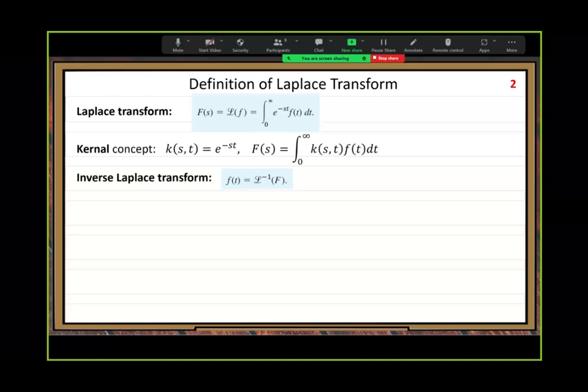But for the Laplace transform, we cannot write it explicitly because we don't know how to write it. So we use this indirect way, because we know the result, so we know we can go backward like that.